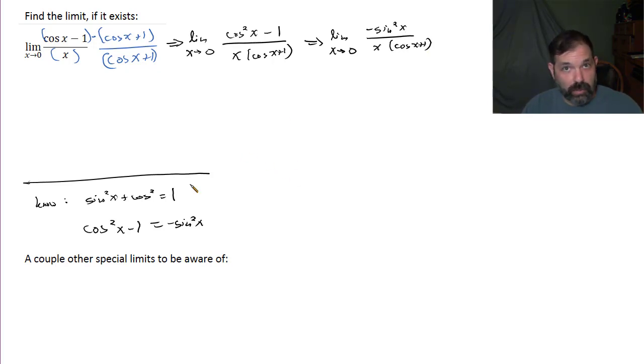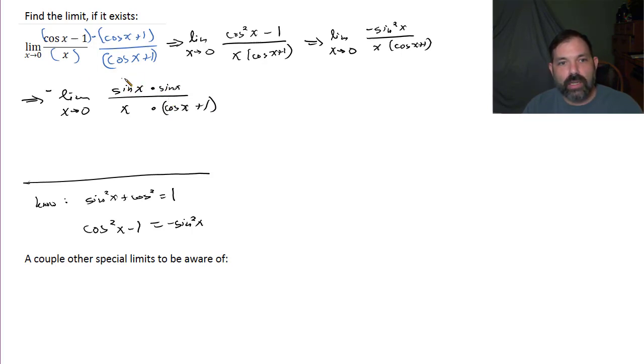All right, now, some more trickery here. We're going to break this up. This becomes the limit with x approaching 0, and I'm going to think of it like this. Well, I can bring the negative outside, and I'm going to think of that sine square x as a sine x times a sine x over an x times a cosine x plus 1. I'm going to think of it like that.